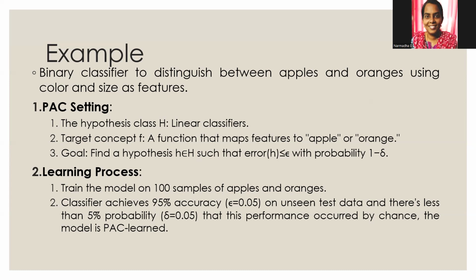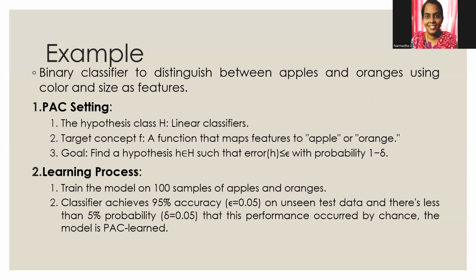You need a hypothesis H, which could be a linear classifier, and a target function that maps features to either of the two categories. Based upon the values of the input instance, you do the mapping to either apple or orange. The goal is to find the hypothesis such that the error is less than or equal to epsilon, that is the error limit, with the highest probability.